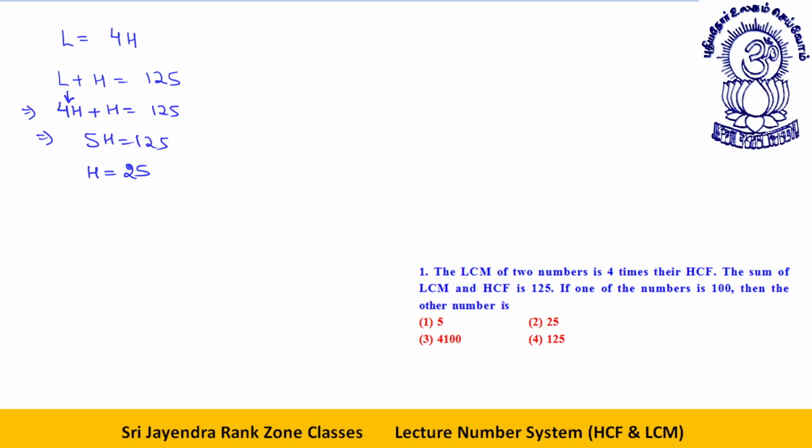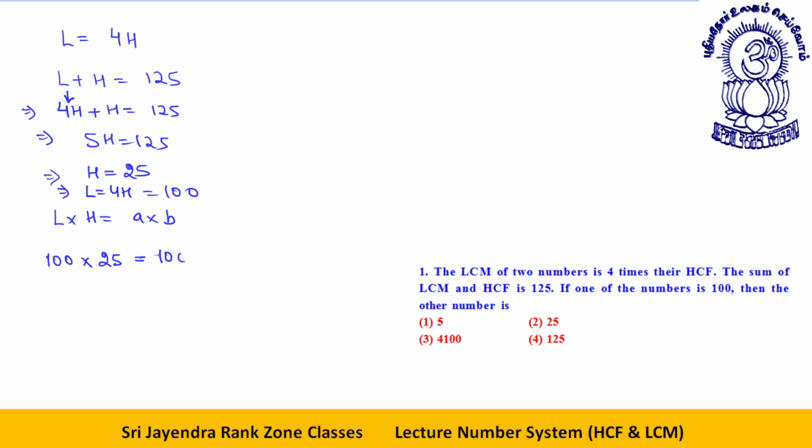If one of the numbers is 100, then the other number is? Now we have everything. See, we know LCM into HCF is equal to A into B. What is the LCM? 4H. L is equal to 4H is equal to 100. What is the HCF? 25.